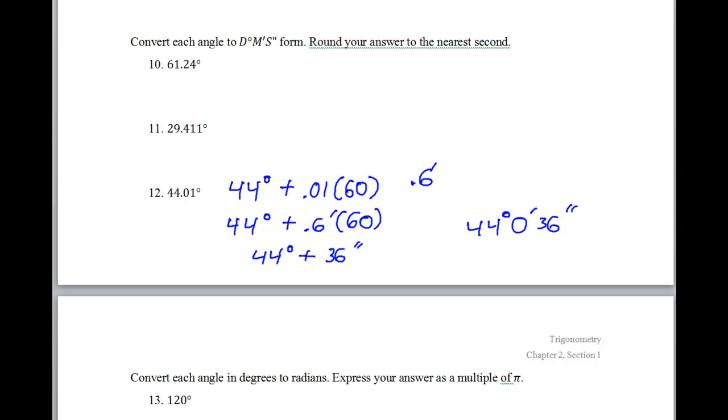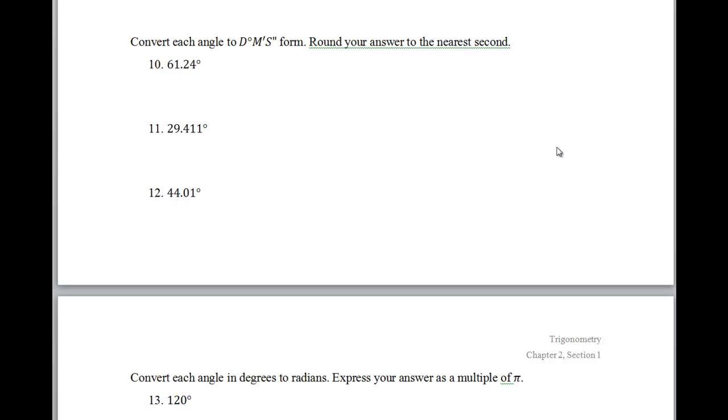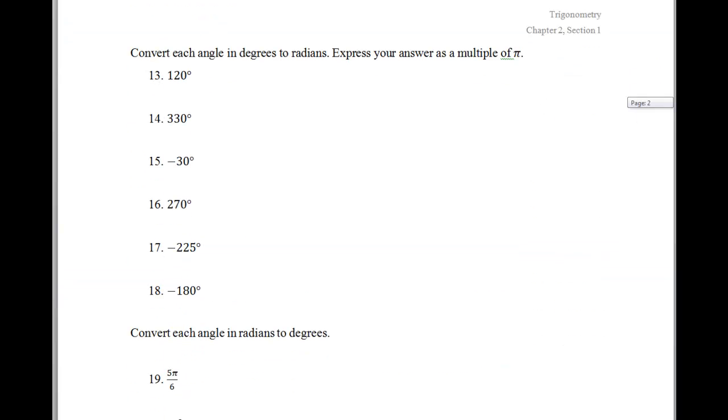Now, moving to the next piece, which is converting each angle to radians, express your answer as a multiple of pi. This is so much faster when you actually have memorized your unit circle. But what I'm going to do here is use the algorithm to do it instead. 1 degree of the unit circle is 1 part of 360 degrees.